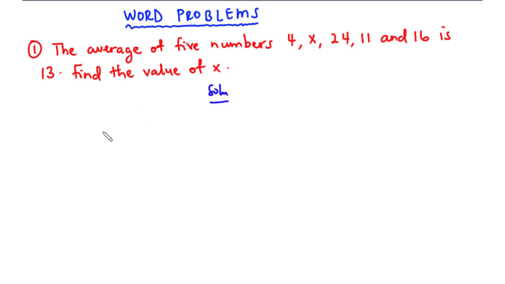Now when we hear of average, it basically means that we are talking about the mean value. So the average is the same as the mean. Now the mean is represented by x bar. So we say that x bar is equal to 13.